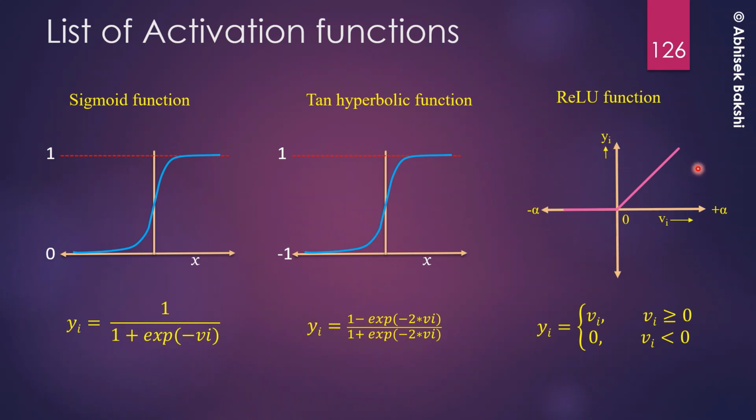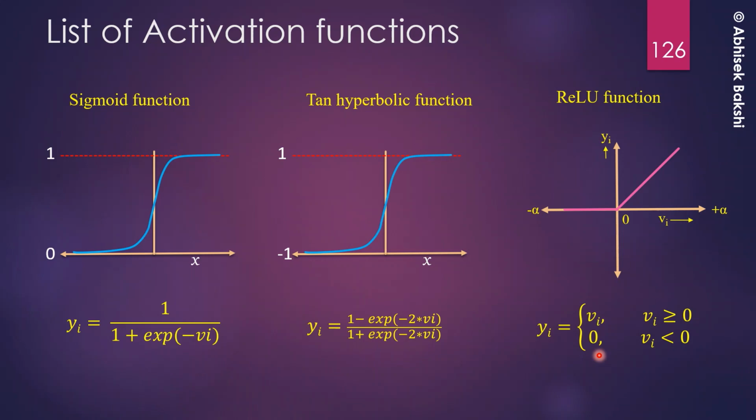It's a mixture of linear as well as a zero. What you see here, the graph says that if the output is more than 0, then it will look linear. But if the output is less than 0, then I will keep it as 0. So the function definition looks something like this. Yi equal to Vi when Vi is greater than or equal to 0, otherwise it is 0. So there cannot be any negative value in case of ReLU.